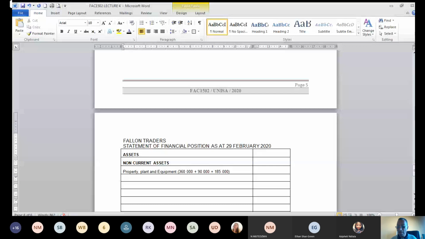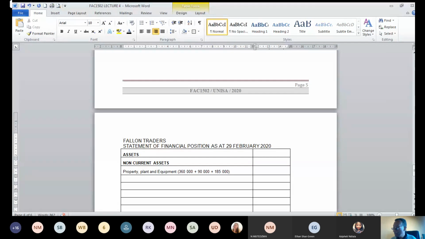And that will give me my total property, plant, and equipment, 185,000 plus 90,000 plus a further 360,000. My property, plant, and equipment is therefore the amount of 635,000 Rand.